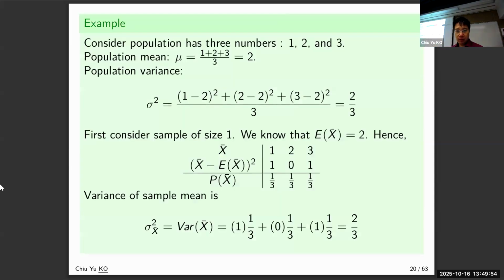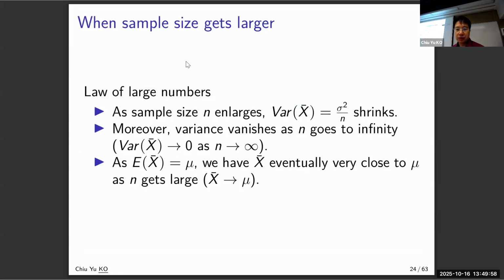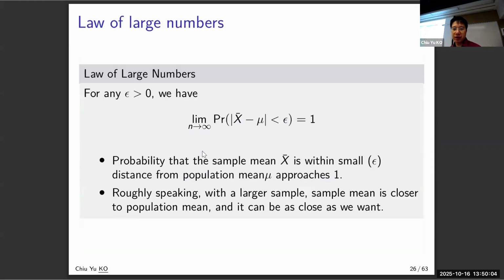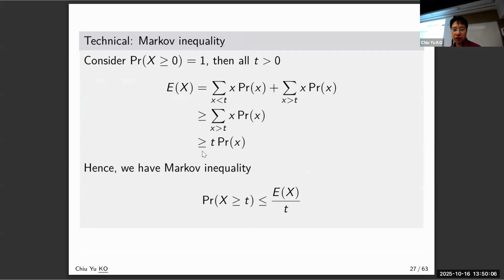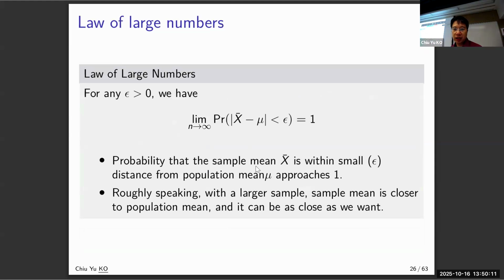We already know the example, so I'm not going to repeat it. As n goes to infinity, this variance goes to 0, which is exactly what the law of large numbers means. Written loosely, in the limit the probability that the sample mean differs from mu is 0, as opposed to 1.